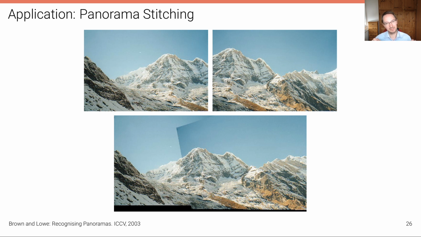And for that, we can determine correspondences. For instance, we can mark this point on the hill and this point here, and maybe this point here. Well, this is not visible actually. So this point here and this point here. So we can determine 4 such correspondences between these two images.